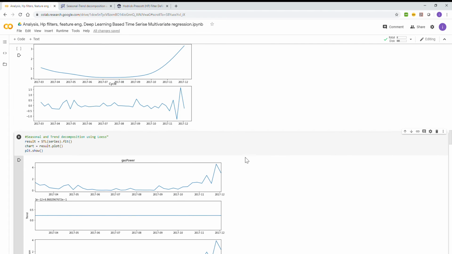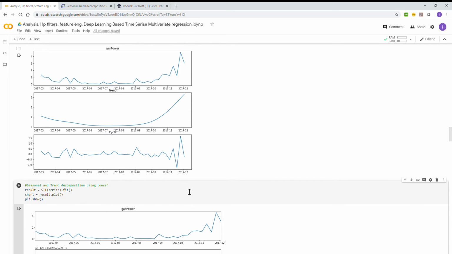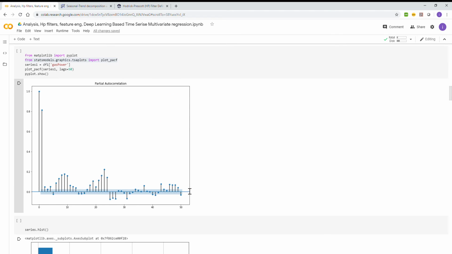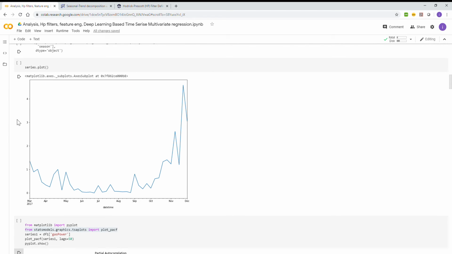So I usually use these two to see if there is a trend. Ideally, look into the plot and see if there is a trend. As you can see, there is a downward trend over here, and there is an upward trend over here. That's what a trend is.